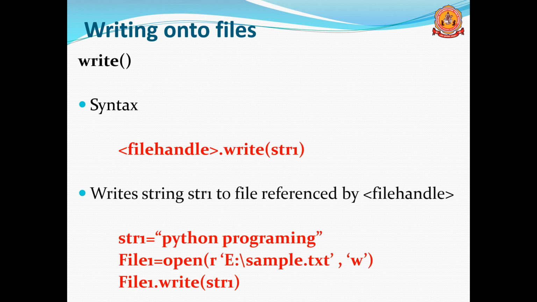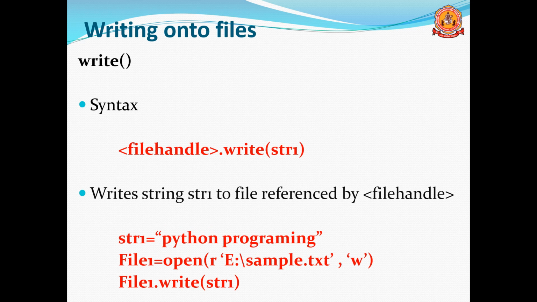That data we are going to store in a file, and that file should be opened in the file handle. It writes the string str to the file referenced by the file handle. Whichever file you opened in the file handle, the data is stored in that file.